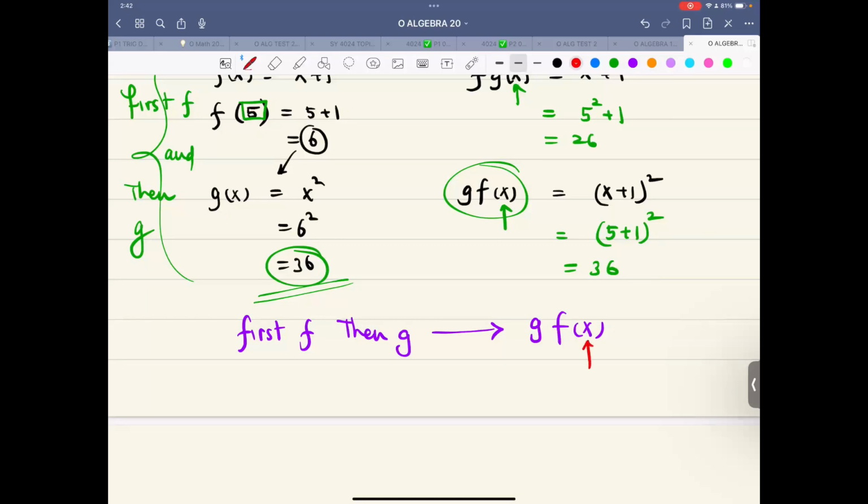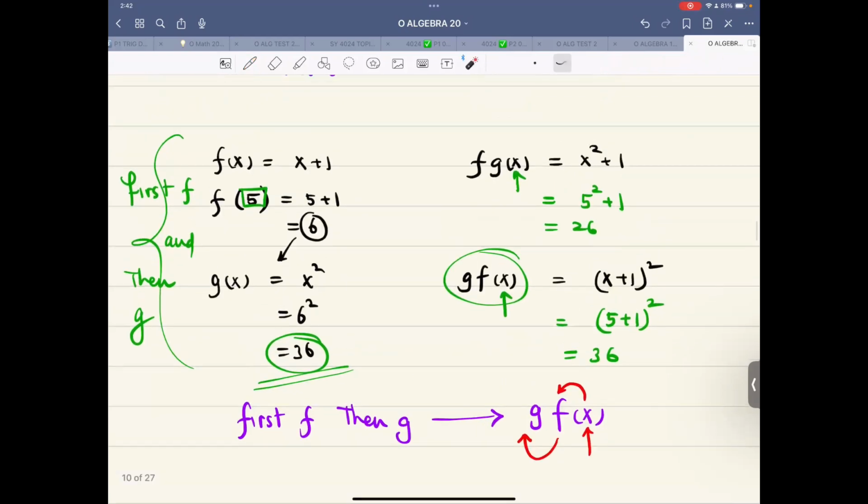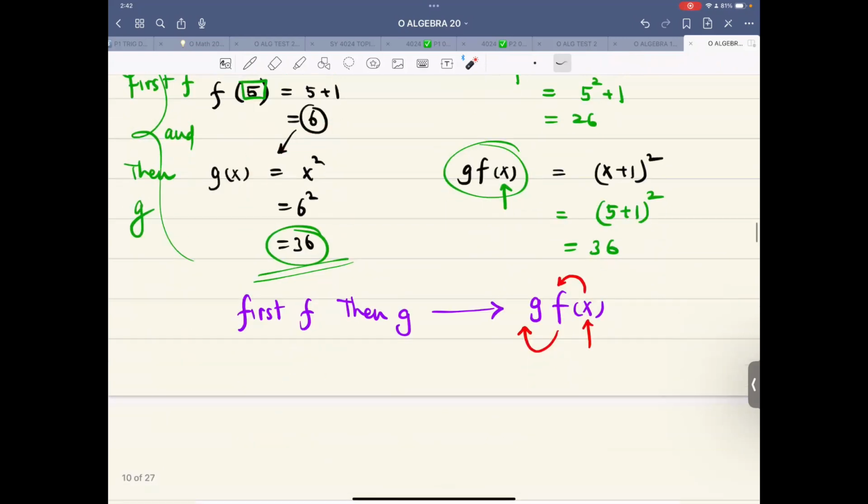Because when I insert x, it will first go through the process of f, and then the result of f will be plugged in g. So that is exactly what I've done. I have plugged in 5 in f(x). I got 6. I'm plugging that result in g(x). I'm getting 36. Therefore, this new function machine is first f, then g, which is g of f(x).